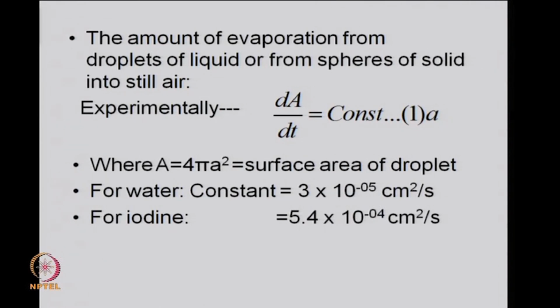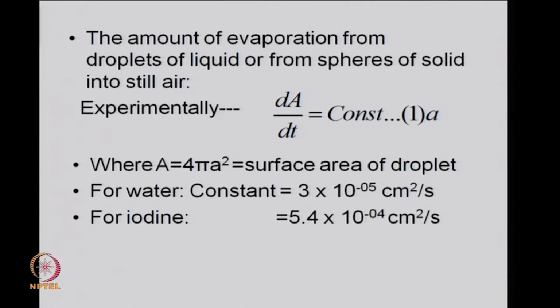If we take small droplets of liquid or small spheres of solid and consider the loss of this liquid or the solid into still air, experimentally one finds the rate of change of area of this droplet or solid spherical particle to be a constant. Let us refer to this as our equation 1a.